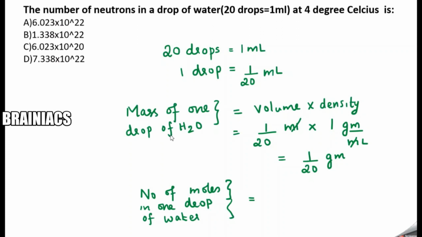We know weight in gram divided by, what you should do? Weight in gram divided by molecular mass. So we know the weight in gram of one drop, it is 1 by 20. The molecular mass of water is how much? 18. So this value will come around 1 divided by 360. So you got the number of moles.